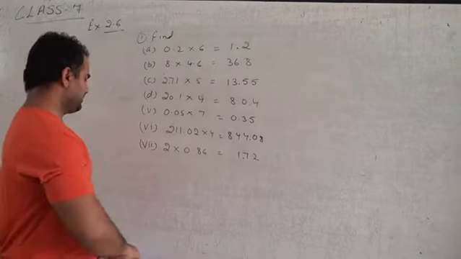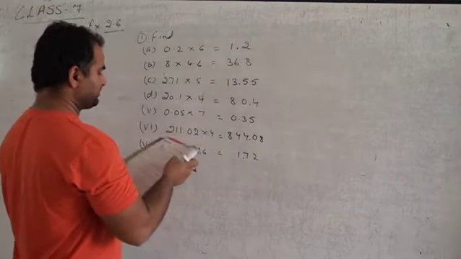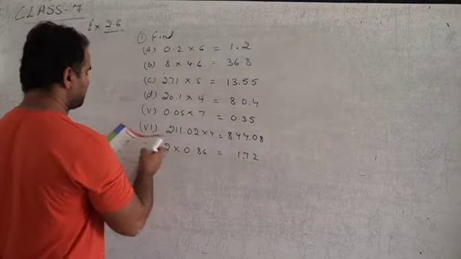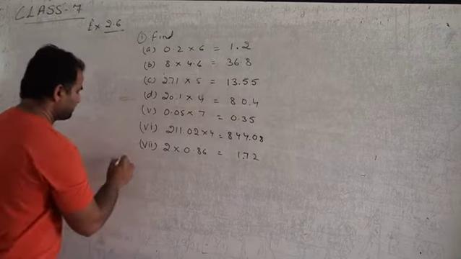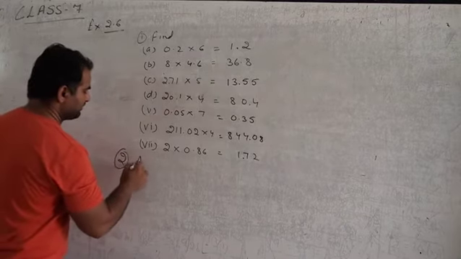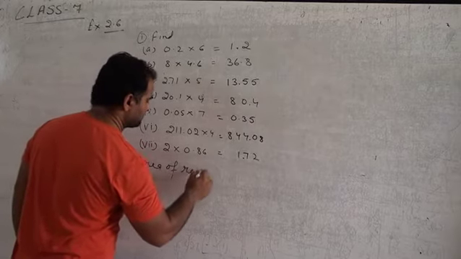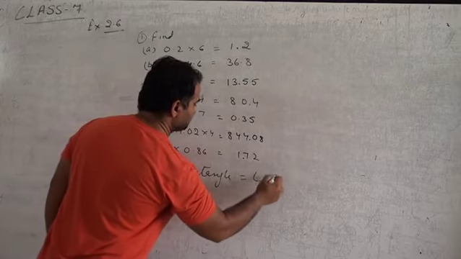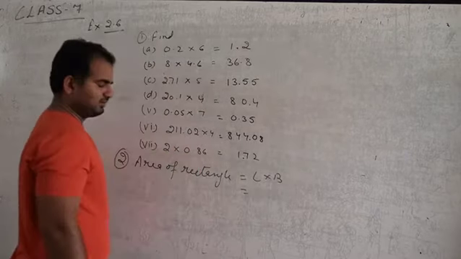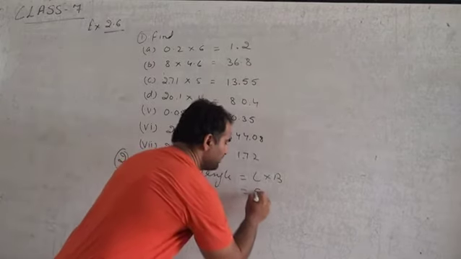Next is question number second. Find the area of the rectangle whose length and breadth are given. Area of rectangle equals L into B, length into breadth. The length is 5.7 and the breadth is 3.